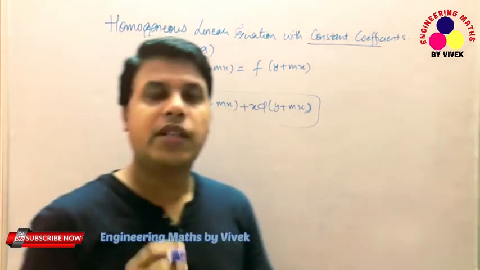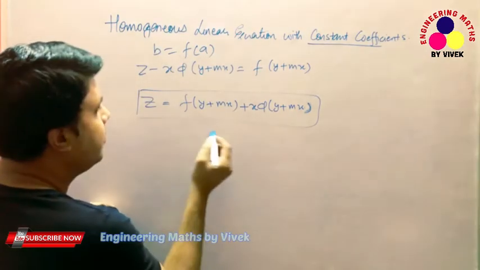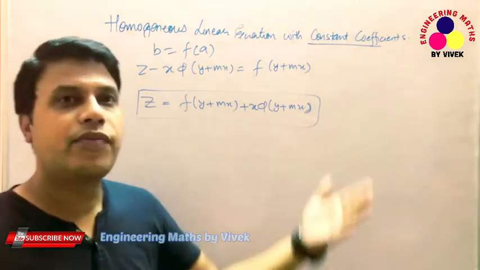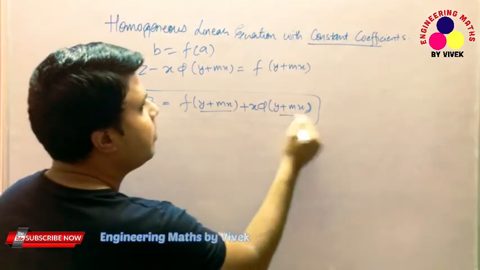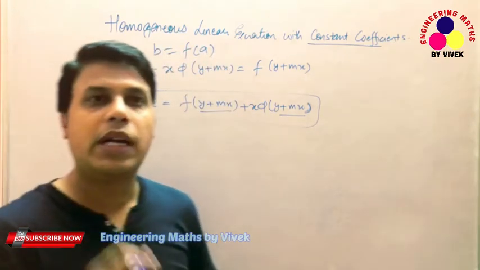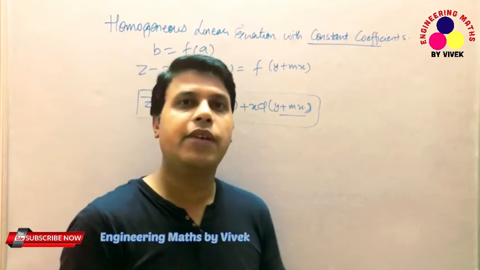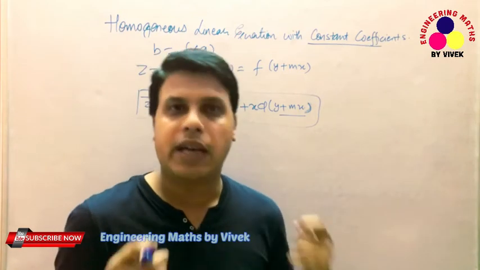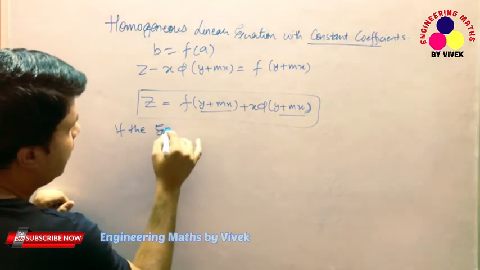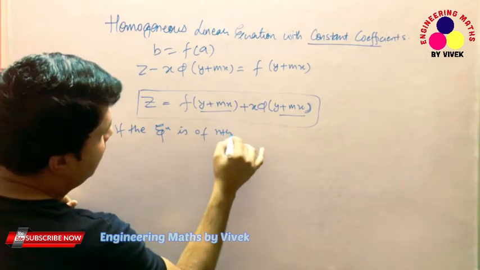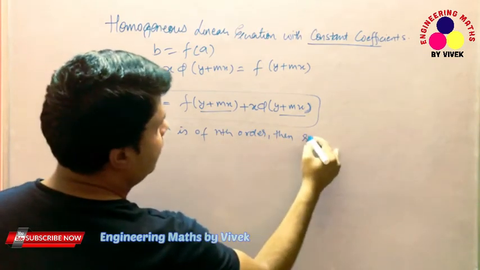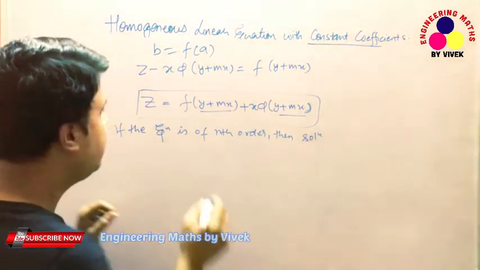So we can see when the roots are equal, the solution will be x times another function, meaning the bracket part is going to be the same, that is y plus mx, but in the second term we have to multiply by x. So similarly, if there are nth order, or we can say n terms, then what will be the solution?